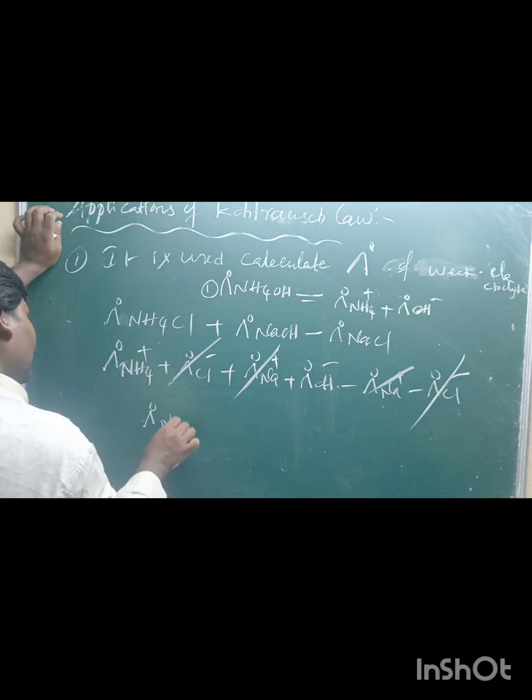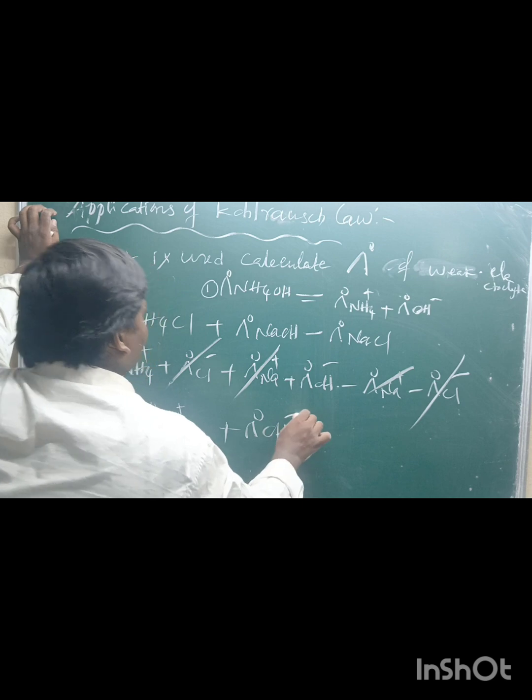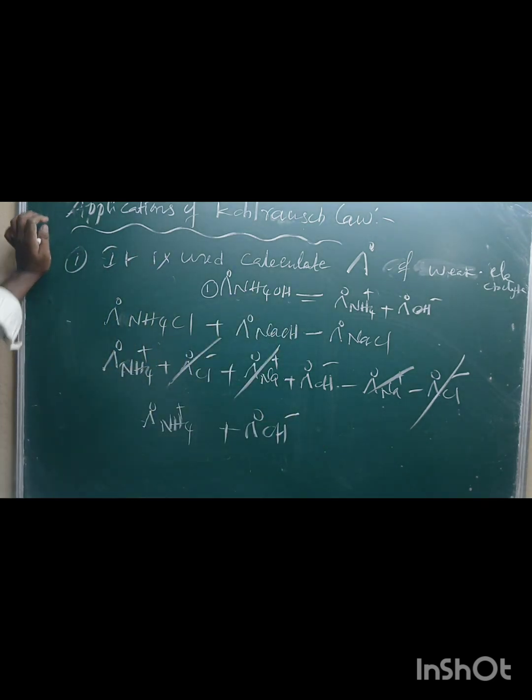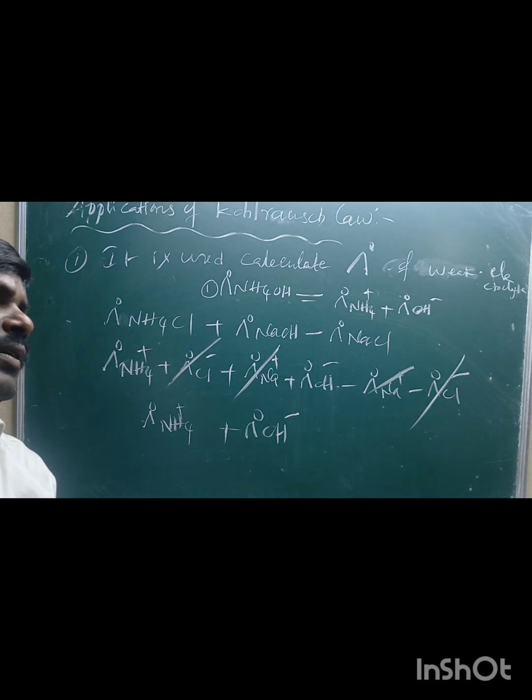Lambda naught NH4 plus ion plus lambda naught OH minus ions. This is the weak electrolyte. It is used to calculate the equivalent conductance or limiting molar conductance of a weak electrolyte, the limiting molar conductance or limiting equivalent conductance of the electrolyte.